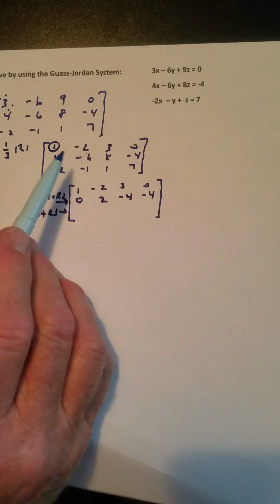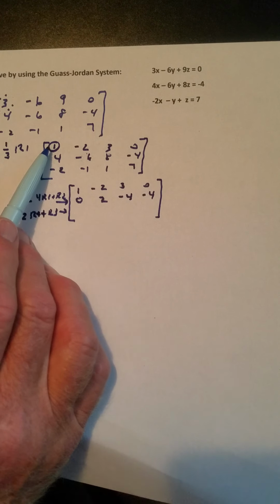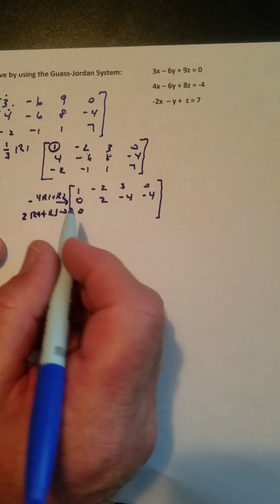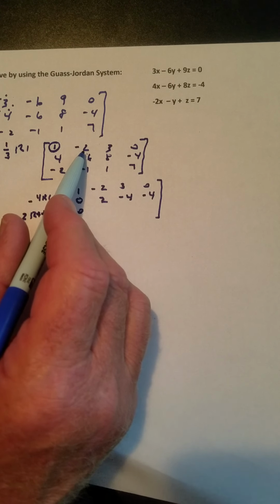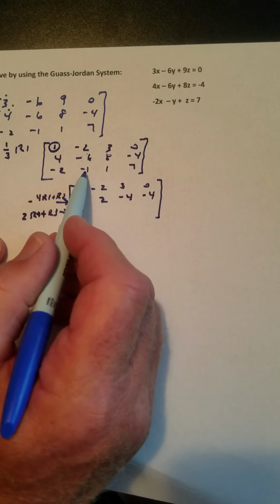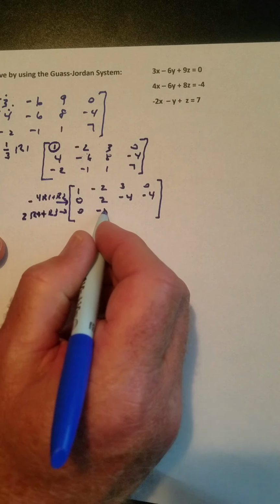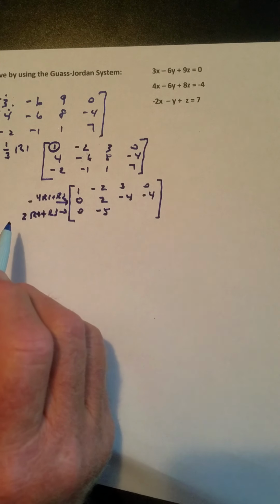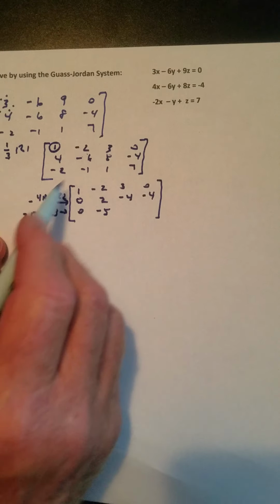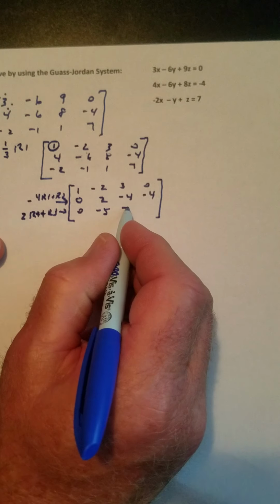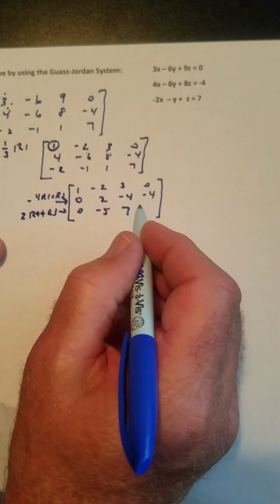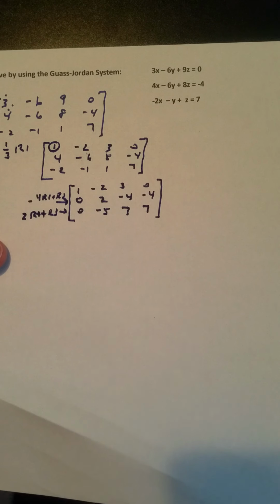That's why we have it. So 2 times 1 is 2, plus -2 is 0. 2 times -2 is -4. -4 plus -1 is -5. I'm sorry, did I do it right? Yes, I did. 2 times 3 is 6. 6 plus 1 is 7. And 2 times 0 is 0, plus 7 is 7.